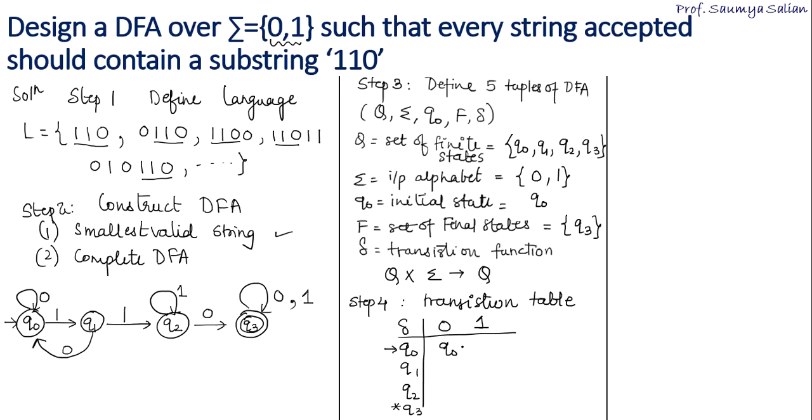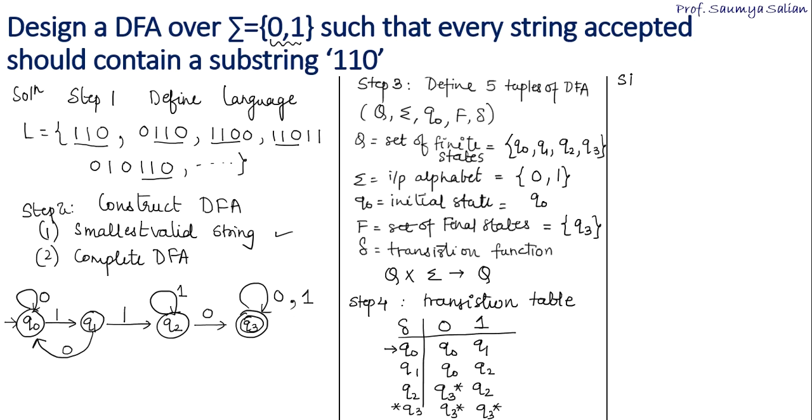To Q0 itself. Q0 on 1 goes to Q1 state. Q1 on 0 goes where? To Q0. Q1 on 1 goes to Q2. Q2 on 0 goes to Q3. Q2 on 1 goes to Q2 itself. And finally, Q3 on 0 and 1 both goes to Q3. So Q3 is my final state, let me mention that.